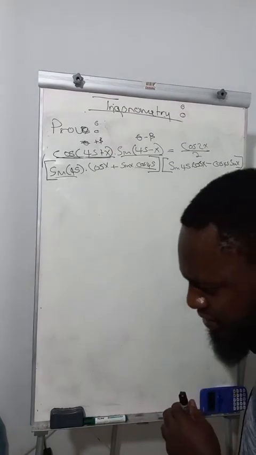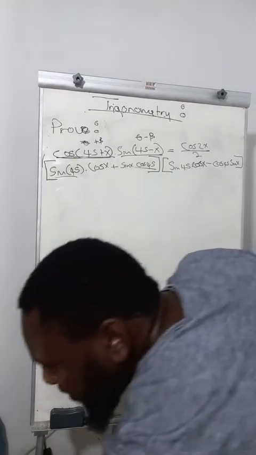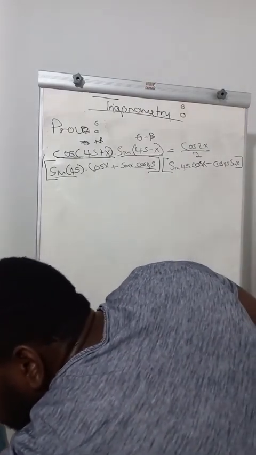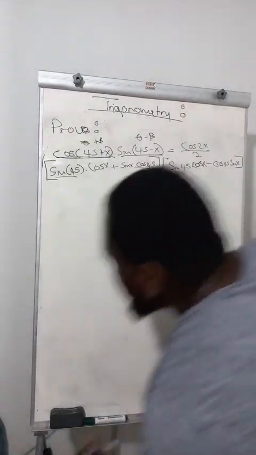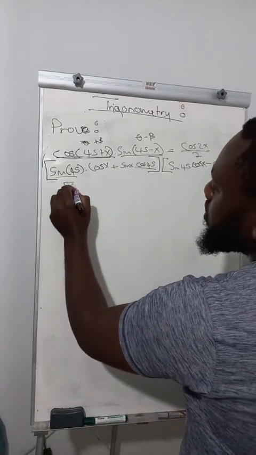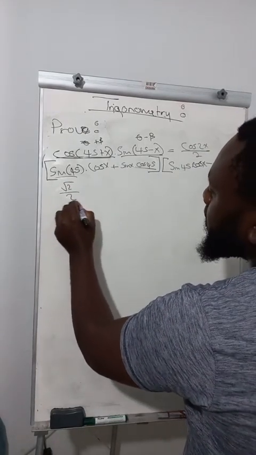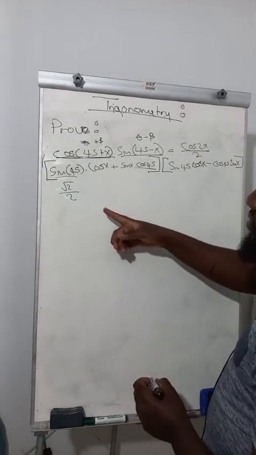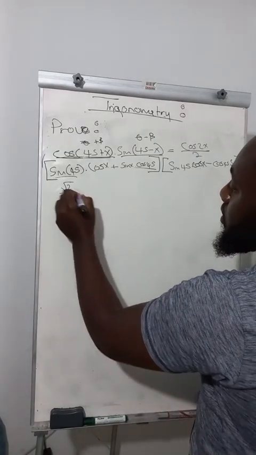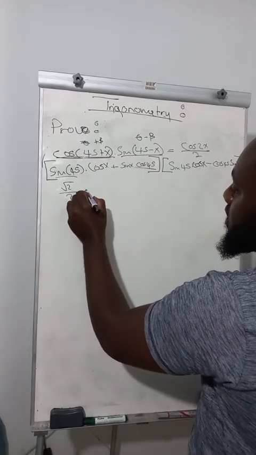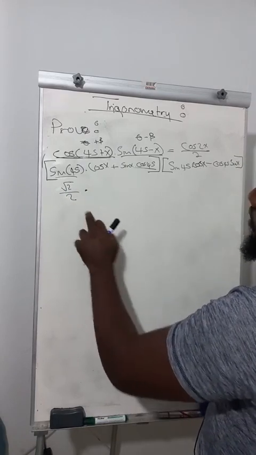Okay, for sine 45, you have the square root of 2 divided by 2. The problem here is if you use a calculator, the calculator rationalizes things, wherein you find that there is a square root underneath.